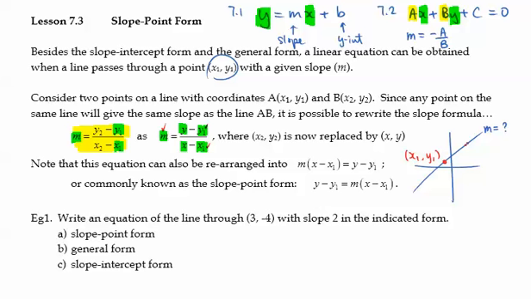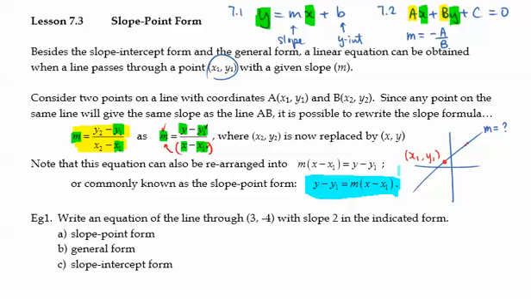Once you multiply this denominator to the other side, we will end up with an equation like this. And on the provincial exam, the data booklet given to you will have your equation written in this form, which is basically a switch up between the left and the right side.